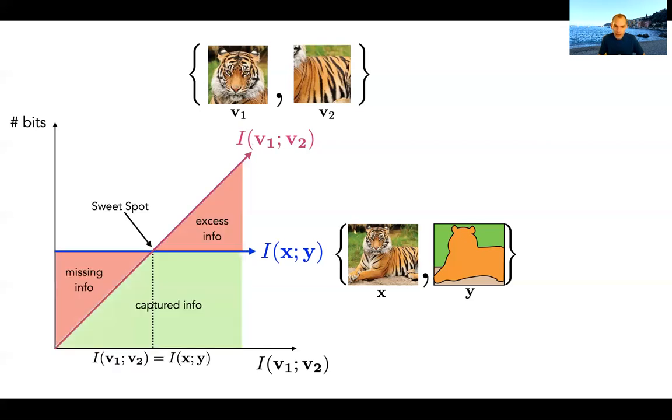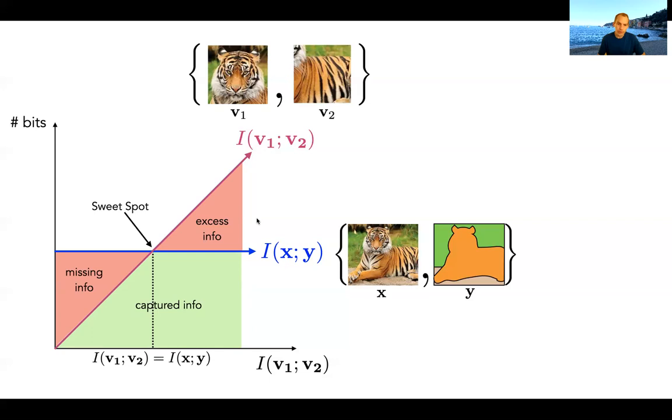And we get these three kind of regimes of information, where as we vary our views, if the views have less information shared between them than the total number of bits shared between the image and the task, we must be missing some critical information to solve the task. Okay, then there's a sweet spot where we capture just the right information, and in theory, we could capture all the information relevant to the task.